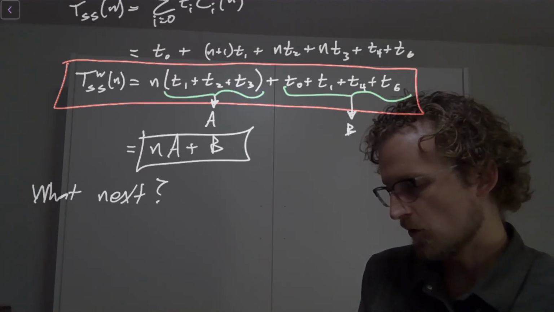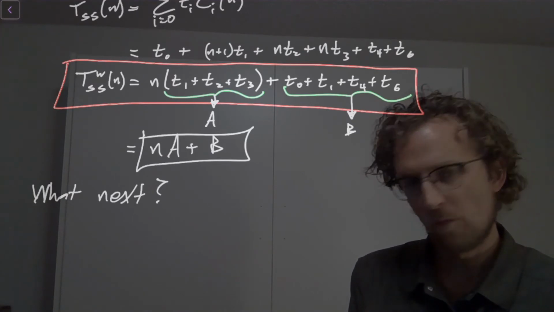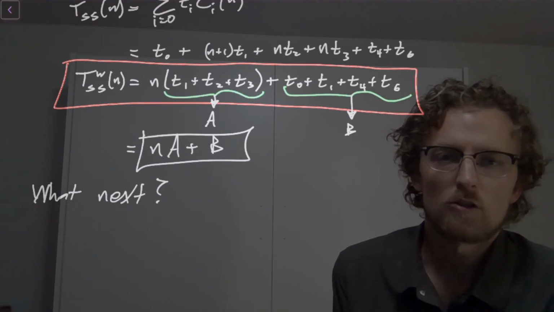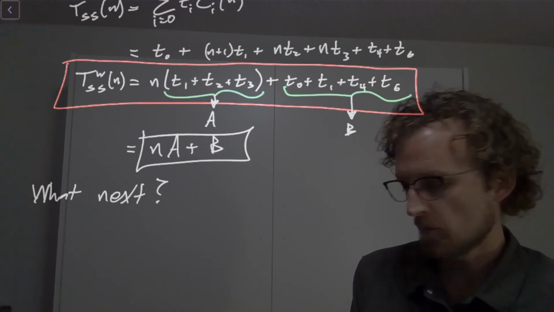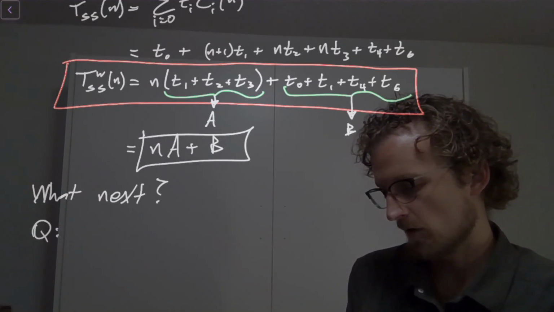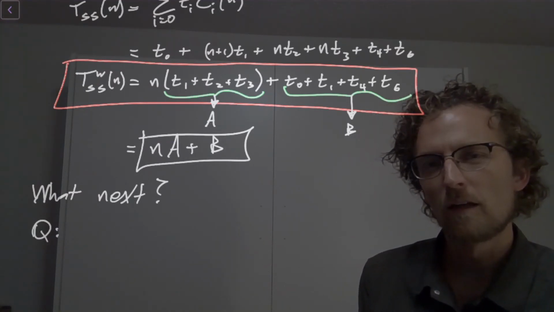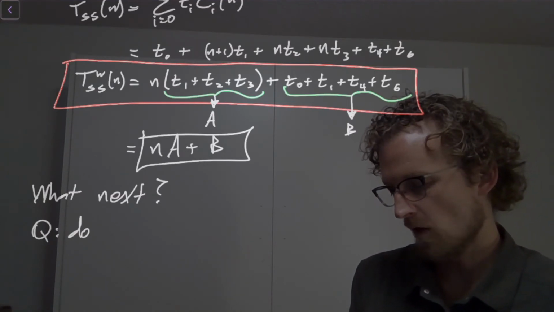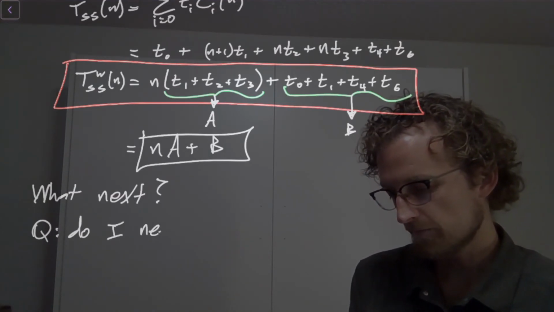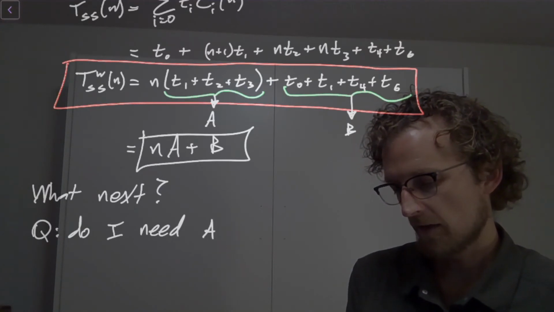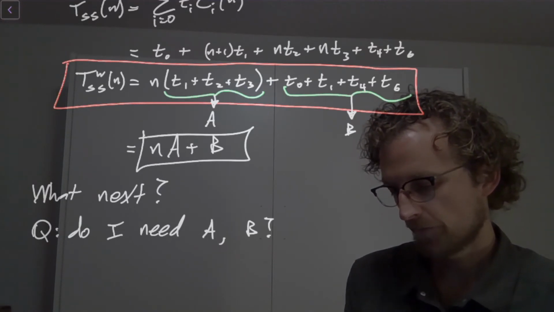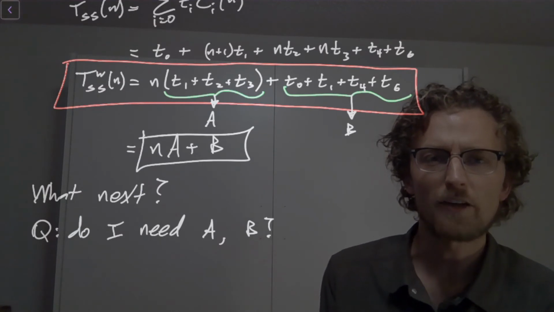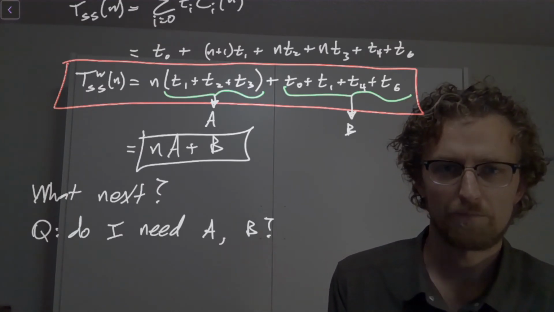In a more fundamental way, the question is, do I need to know A and B? And what would it even mean not to need to know A and B?